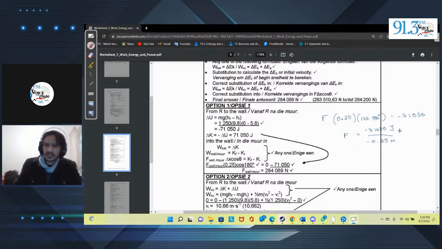Now, if you remember, a joule is kilogram meters squared per second squared. We divide this by meters, and we end up with a value of 284,089 newtons, as in the solution here.